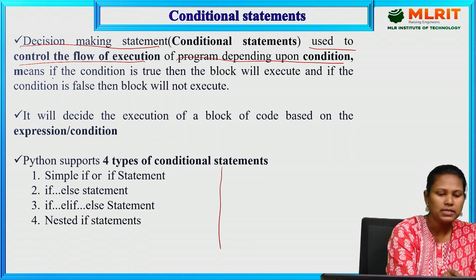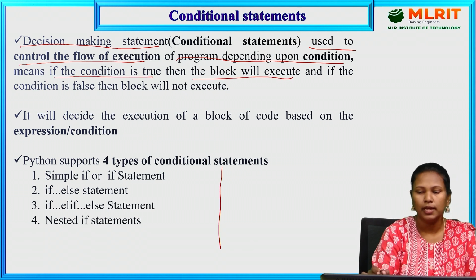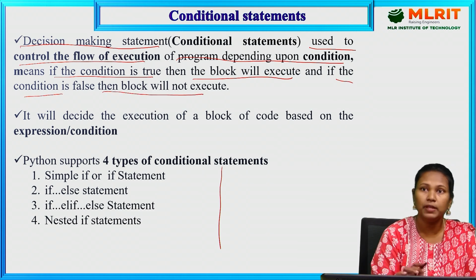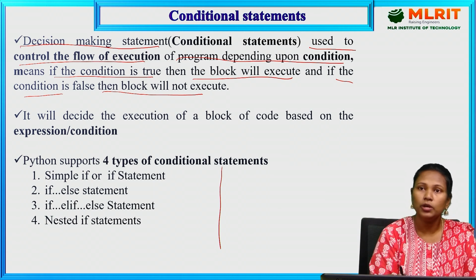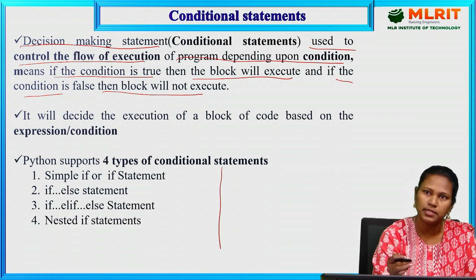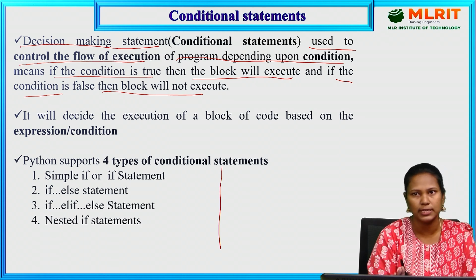So if the condition is true, then the block will execute. If the condition is false, then the block will not execute. If the rain comes, I don't go to college. If the rain is not coming, I'll go to college. Depending on the situation, I execute only one of the statements, not all the statements.